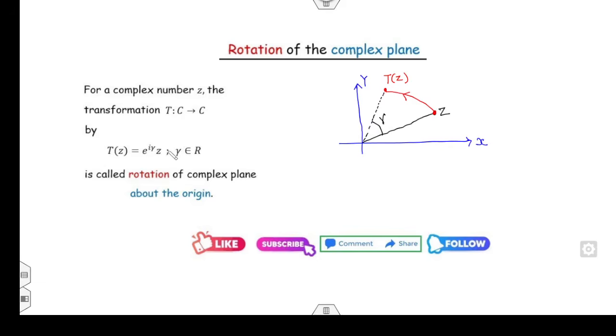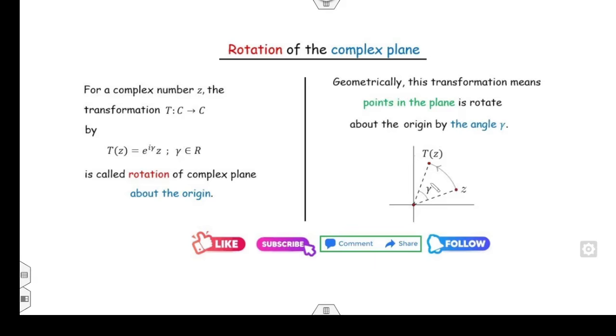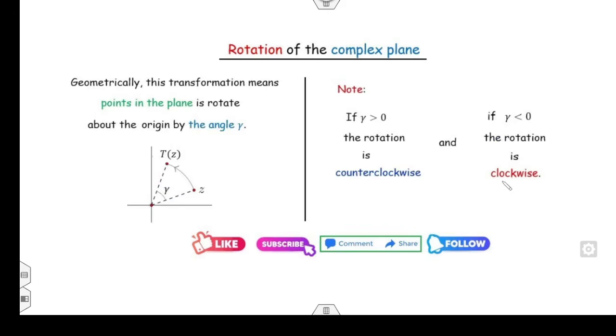That is the geometrical representation. Clearly, gamma may be positive or negative, depending on whether the rotation is counterclockwise or clockwise. Whenever gamma is negative, the rotation moves in the clockwise direction, otherwise it is counterclockwise.